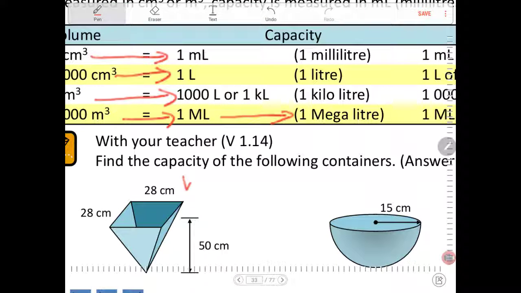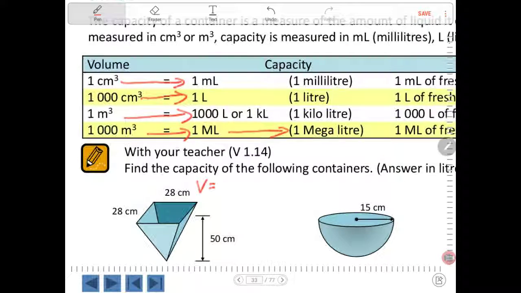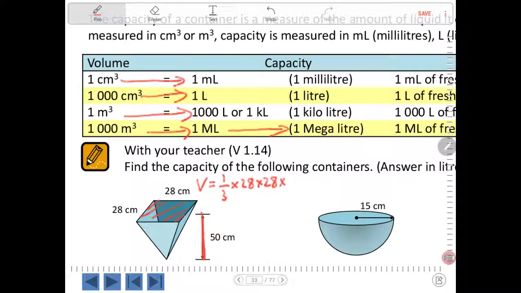So we're going to find the volume of this upside down pyramid, and you may recall from your study of volume that to get the volume of a pyramid, it's 1/3 times the area of the base. So in this case, even though that base is open, that square base there is 28 by 28. And then we multiply it by the height, 50 centimetres.